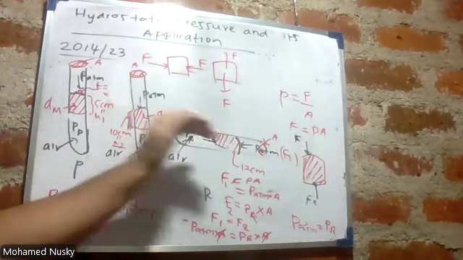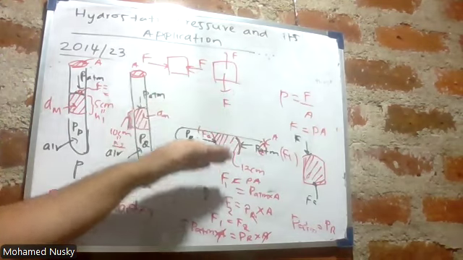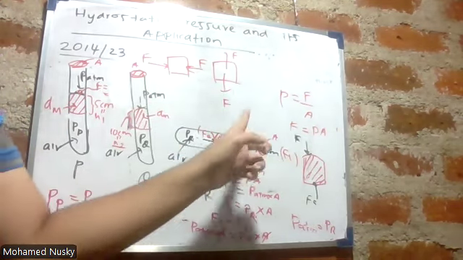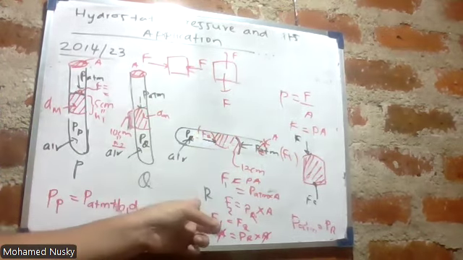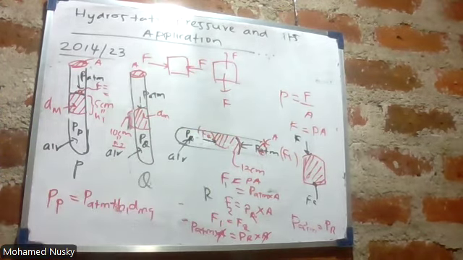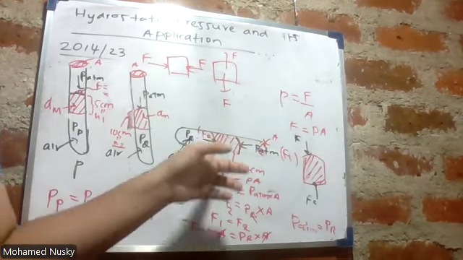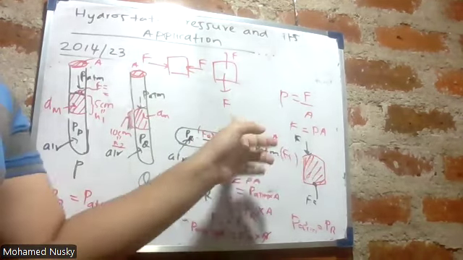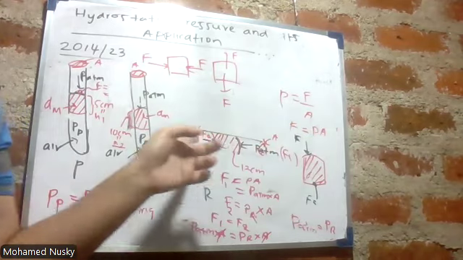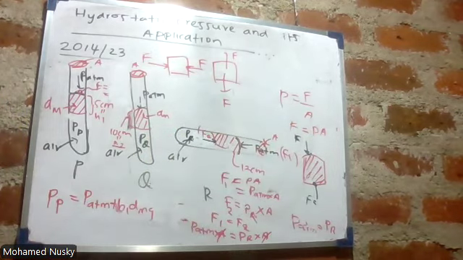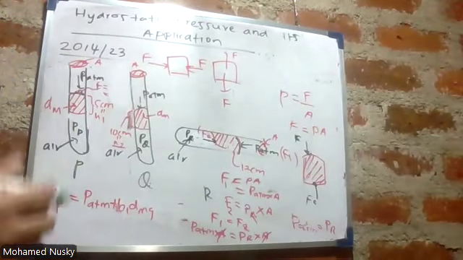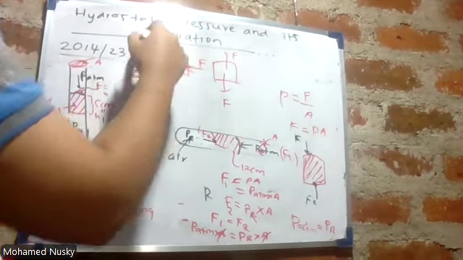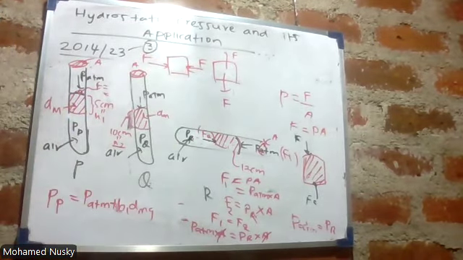When the tube is present horizontally, the pressure due to the atmosphere is equal to the pressure due to the air in the tube. That's it. Therefore, the answer should be R. That means the answer should be the third one. I have given you a detailed explanation.